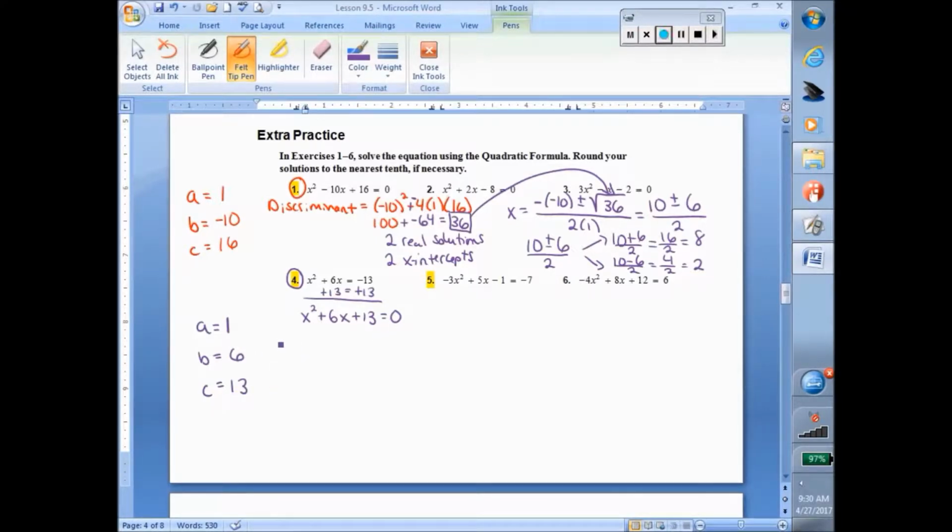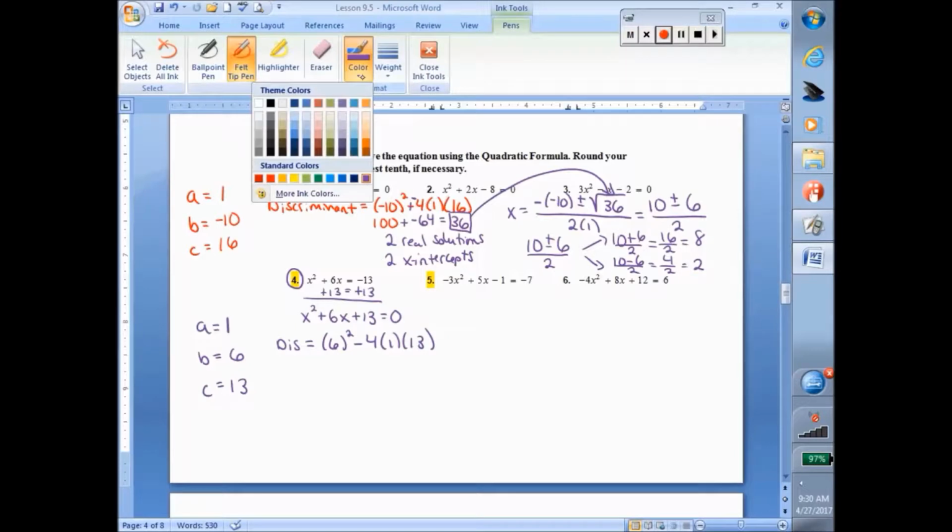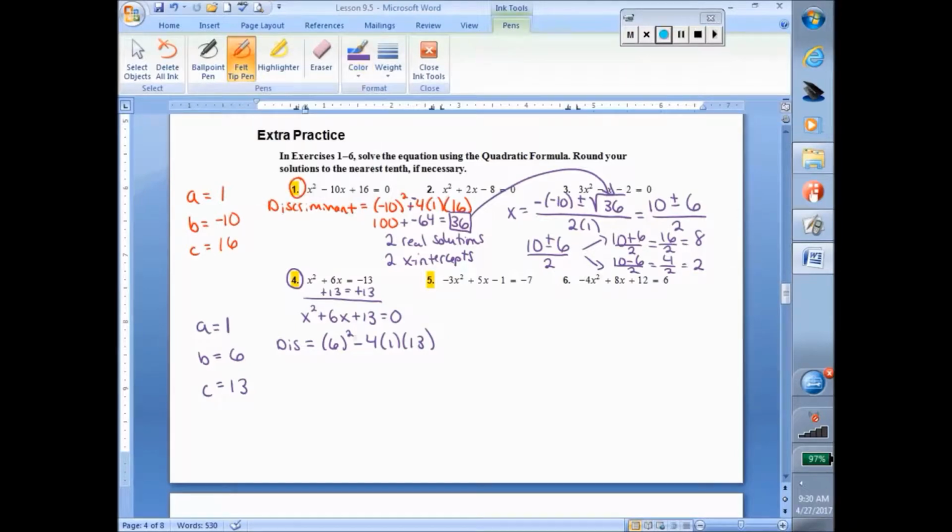I do want to find the discriminant. I'm just going to label it a shortcut, DIS. It's B squared minus 4 times A times C. Again, I often see a lot of mistakes with the minus 4. I really recommend making it plus and negative. 6 squared is 36.